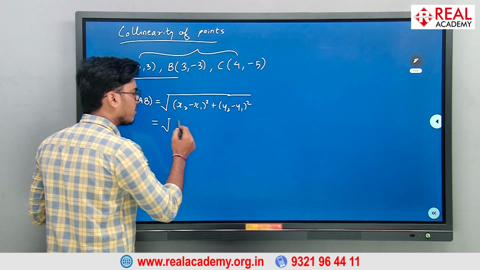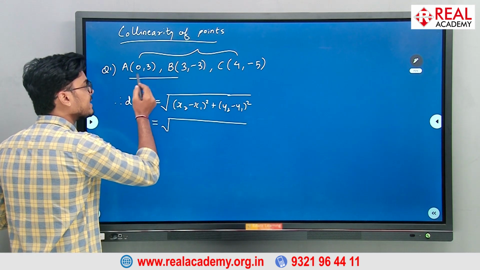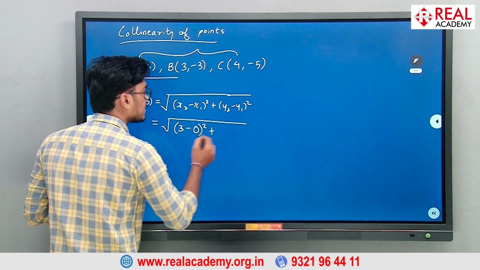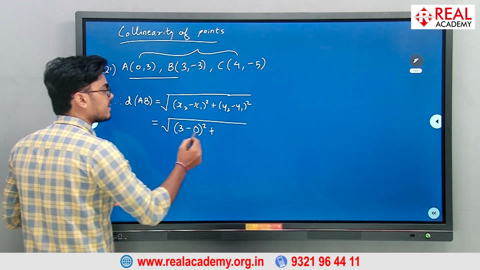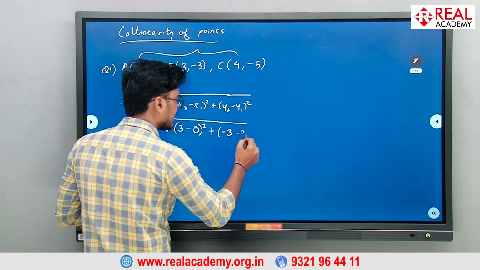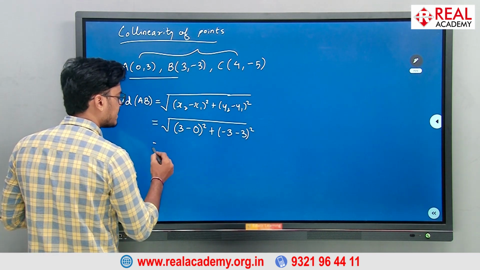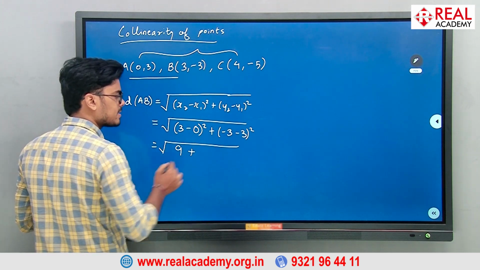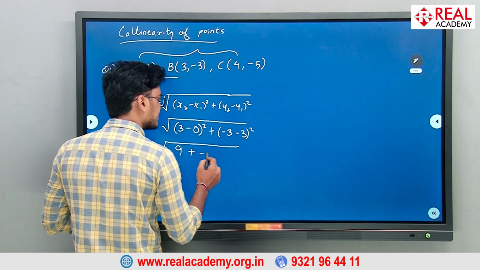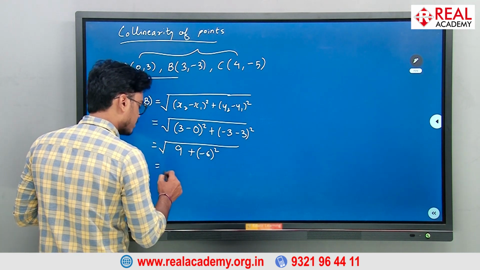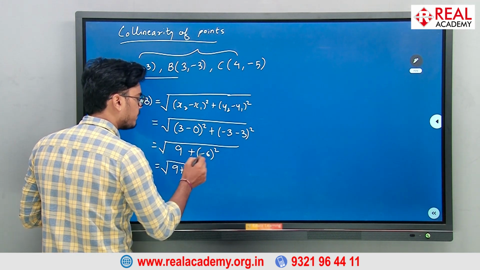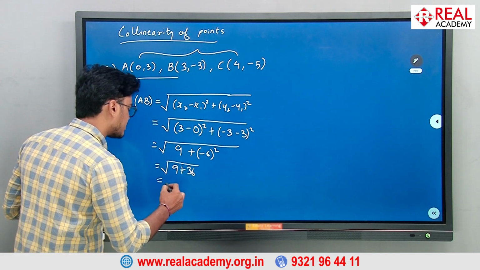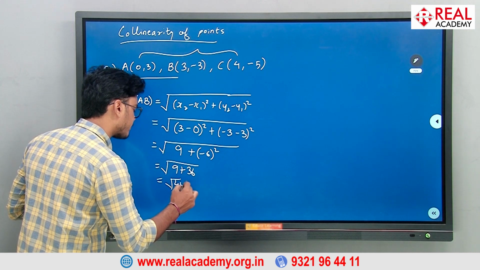So square root of (3 minus 0), x2 minus x1, the whole square, plus (minus 3 minus 3), minus 3 minus 3 the whole square. Okay, so this is equal to square root of 9 plus minus 6 squared, so 9 plus 36, positive 36, which is square root of 45.